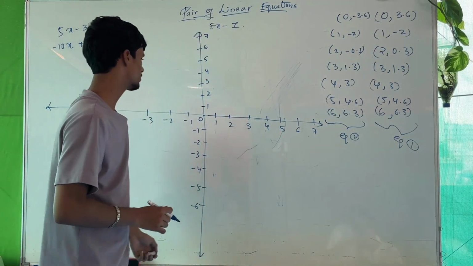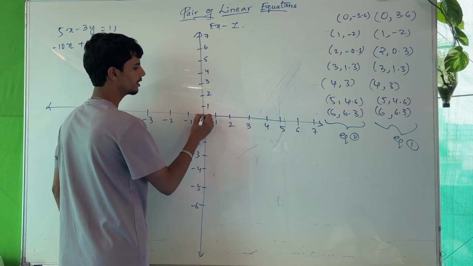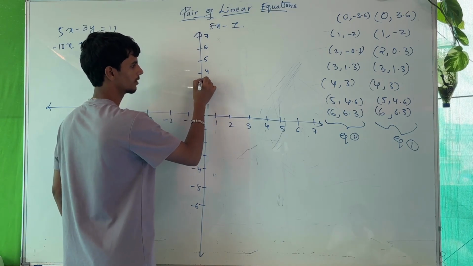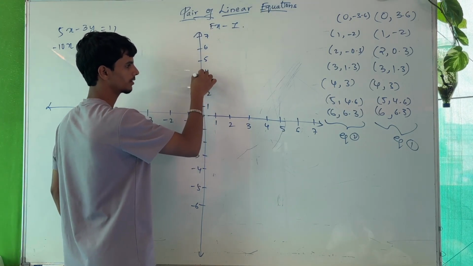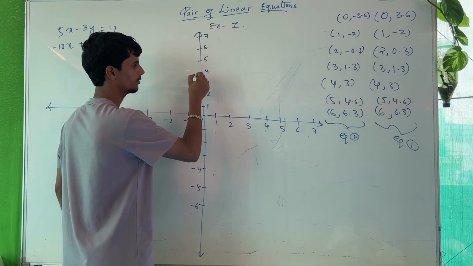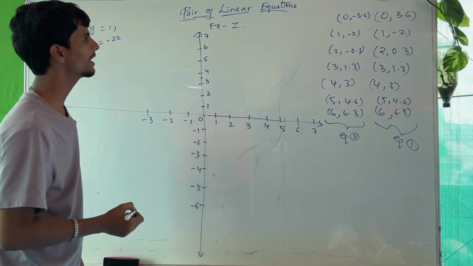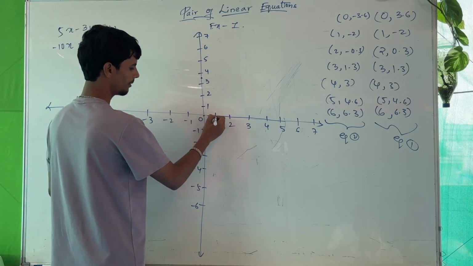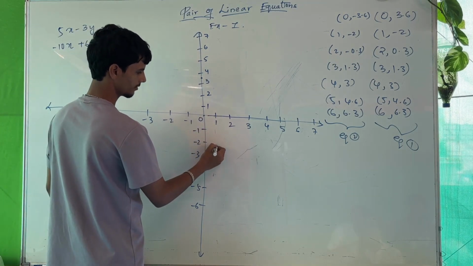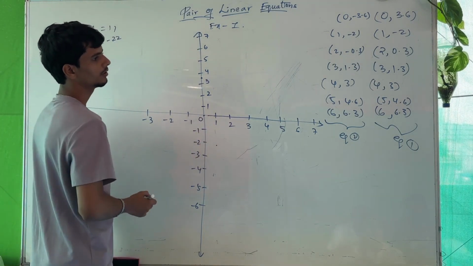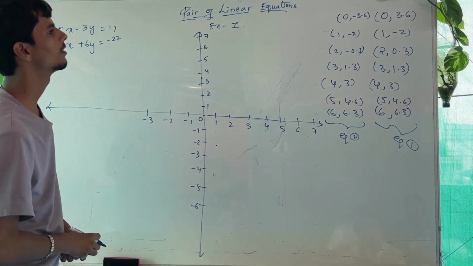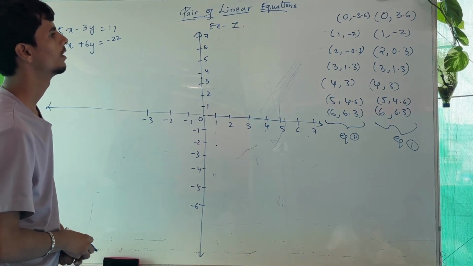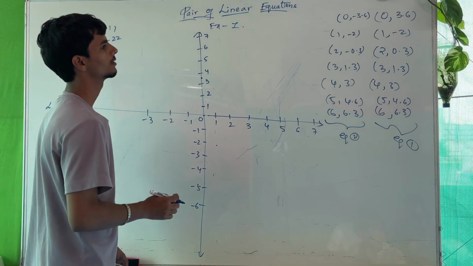0 comma 3.6. 0 is here and 3.6 will be on the y-axis, around here. Next, 1 comma minus 2 will be here. I think we made some mistake.